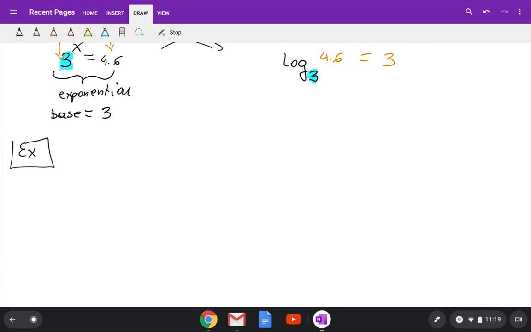In this next example, we're going to change logarithmic statements to exponential statements.